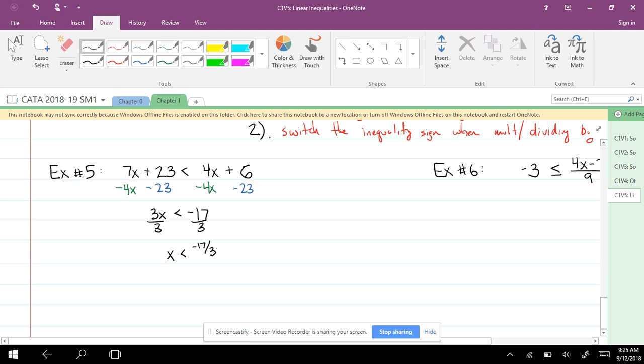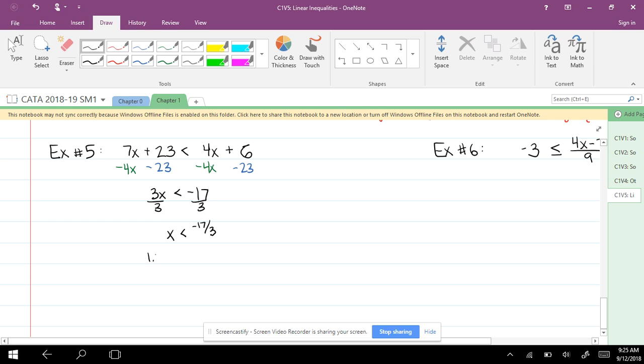So I get x is less than negative 17 thirds, which in interval notation would be negative infinity to negative 17 thirds with a parenthesis. So that's any number that's under negative 17 thirds to negative infinity.